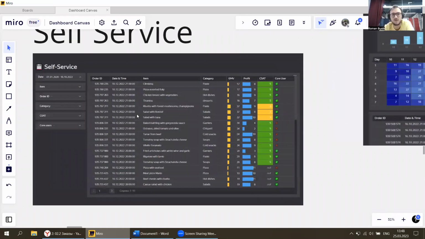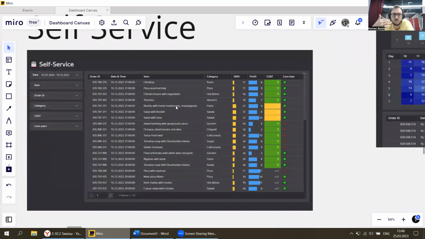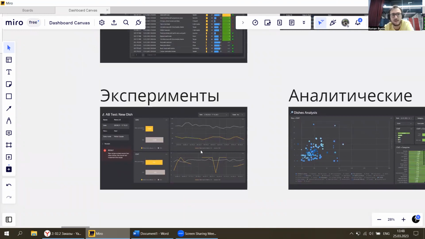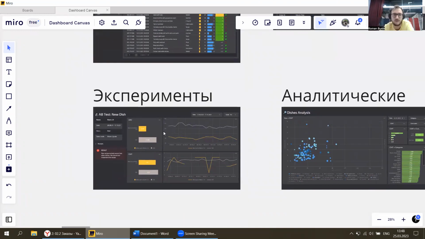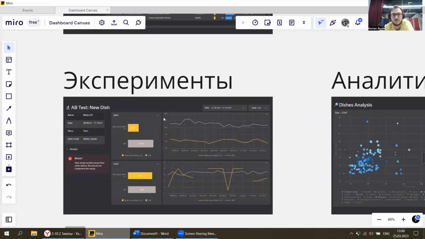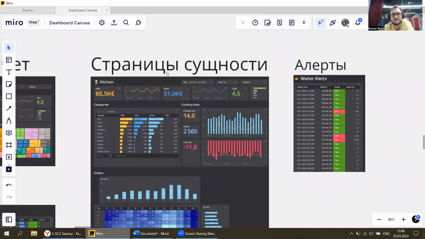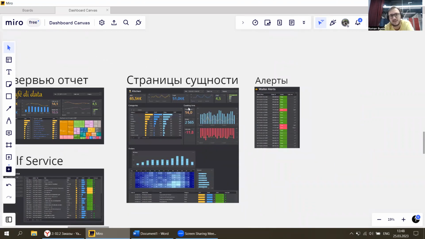It's just an interface for business users to get data, a bunch of filters, a table. Okay, guys, you can download it, you can use it in Excel if you want, and so on. There is also an A/B test dashboard. Sometimes analytical tools and entity dashboards are also used, and such stuff.